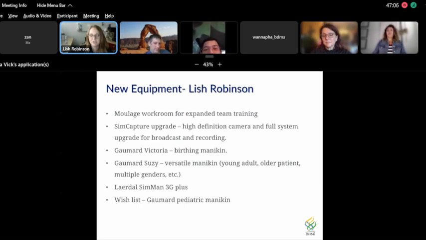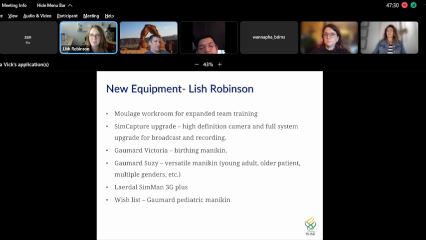We're using it as a prep space for both simulation skills and moulage. We have moved all of our moulage supplies into a room that has quite a few cabinets and bookshelves, as well as a sink and some counter space, so that we have a dedicated area to do moulage work that tends to get a little bit messy.